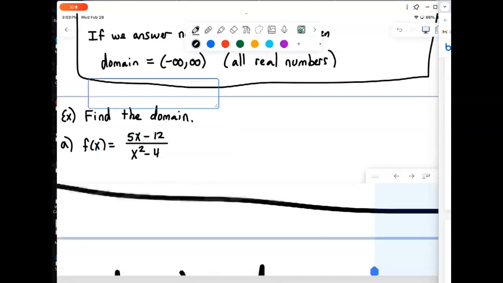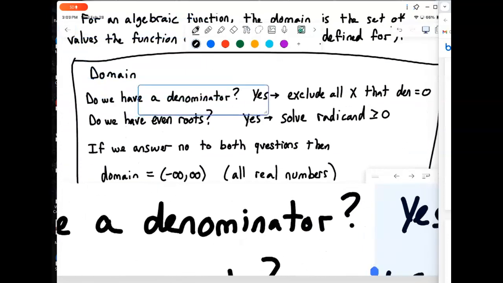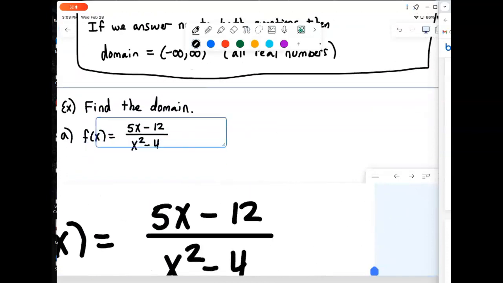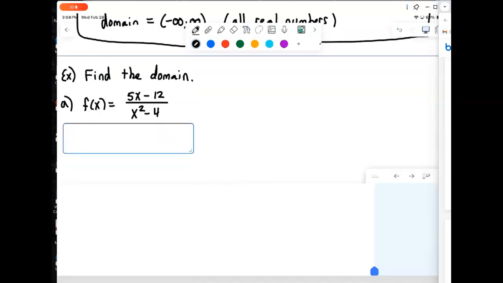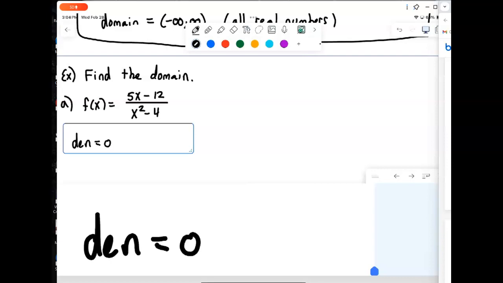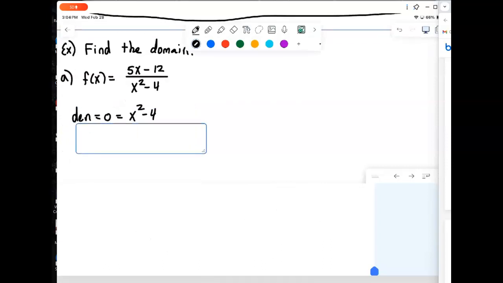So we go through our checklist. Do we have a denominator? Yes, we do. So we need to exclude the things that make the denominator 0. So we solve the equation denominator equals 0, and we use whatever techniques we need to solve that particular equation. In this case, it's pretty straightforward, right?